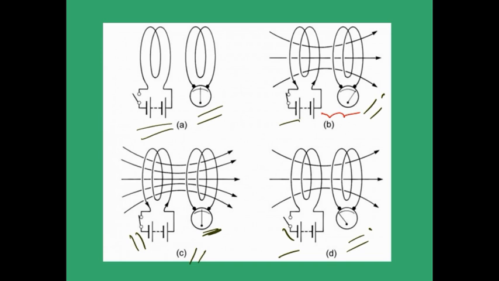So what can we infer from these observations? It's not about the motion or relative motion. What is common in all these three cases is that the magnetic field is changing inside this closed loop. So it's not about motion or relative motion, it's about the change in the magnetic field. Actually, to be precise, it's not even about change in magnetic field, it's about change in magnetic flux.